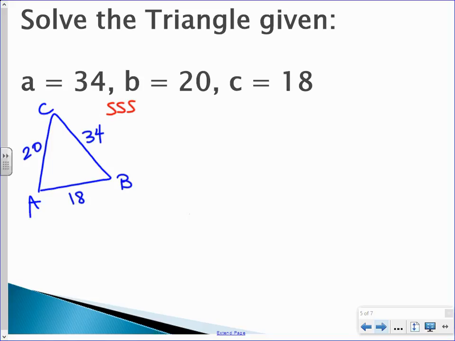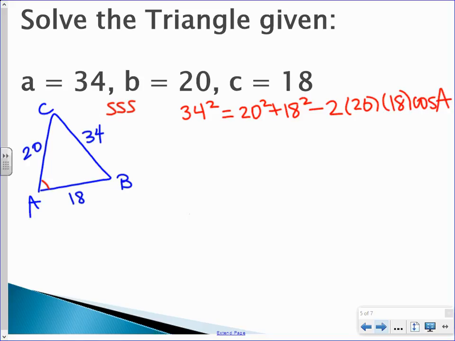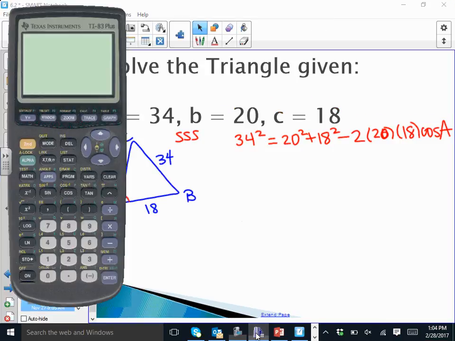So let's find angle A, which means we need A squared equals B squared plus C squared minus 2 times B times C times cosine A. Please be careful with your algebra.